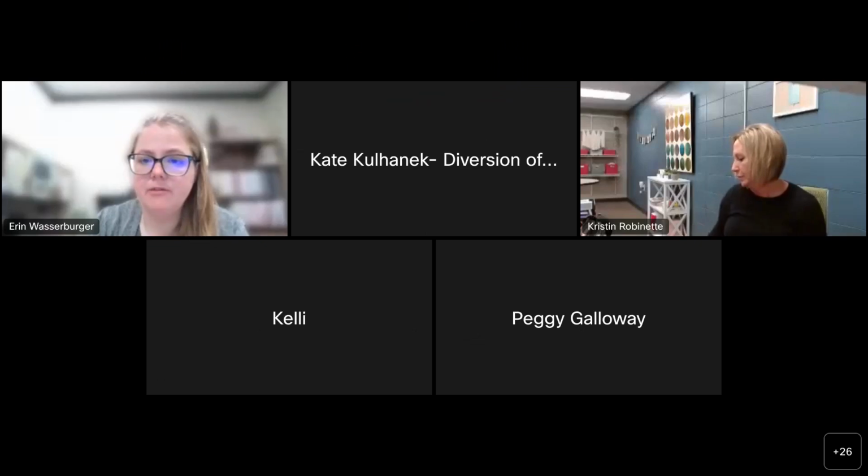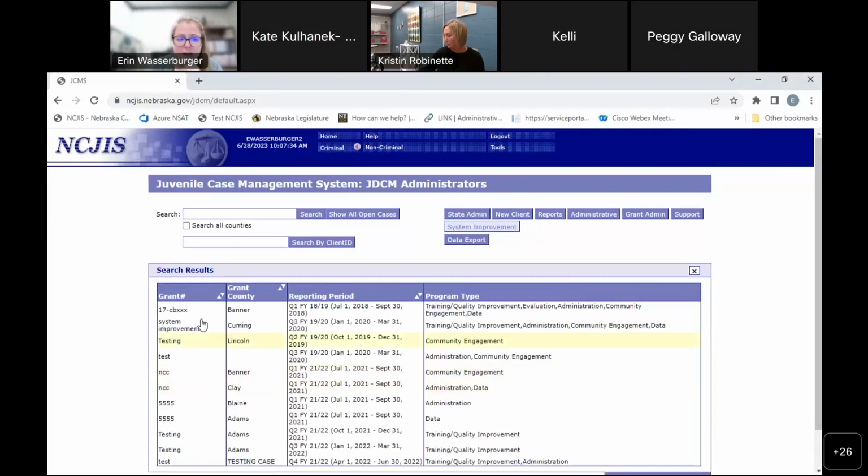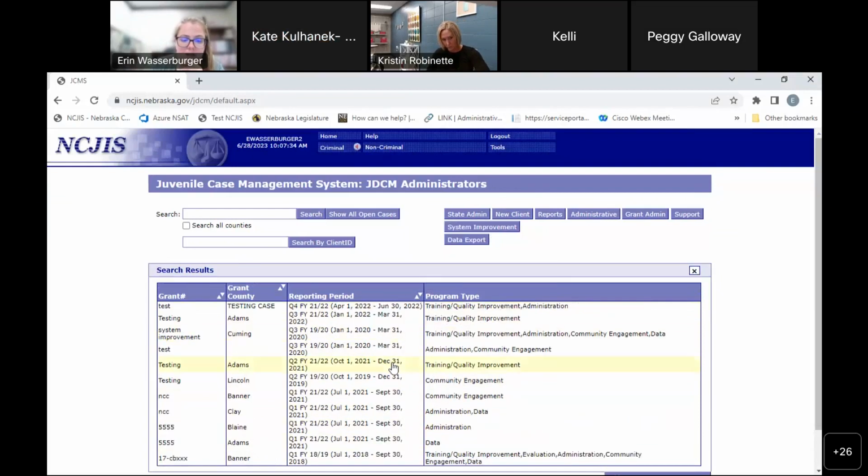All right, so if you fund a system improvement, if you enter for a system improvement program, you'll see the system improvement button. When you click on that, it will show you the reporting period and the program types that were listed. Again, this is a test system, so I usually just pick the counties right at the top when I'm testing, but you can sort this field right here, which I would recommend if you're looking for the most recent reporting periods.